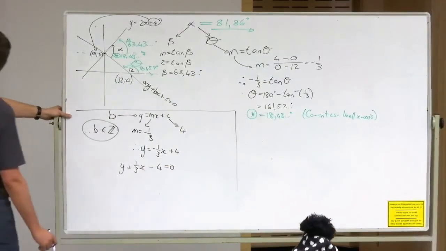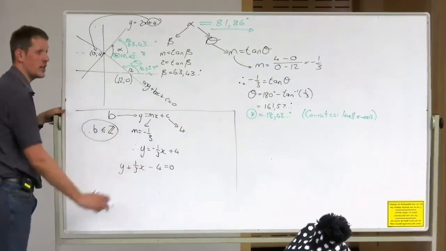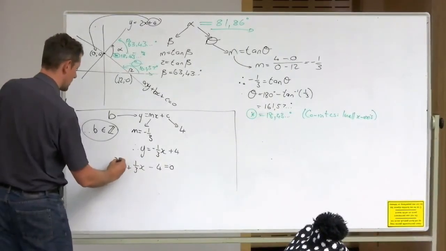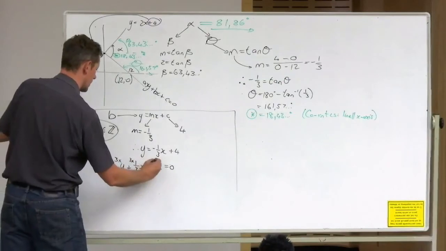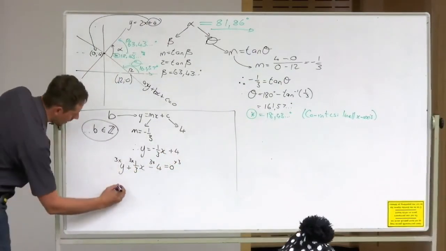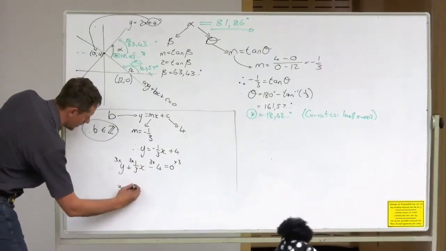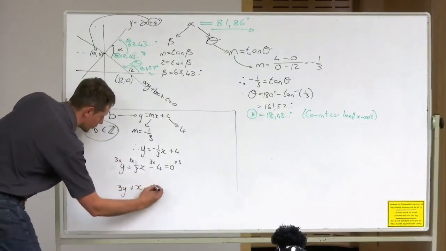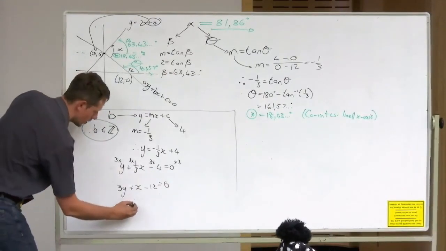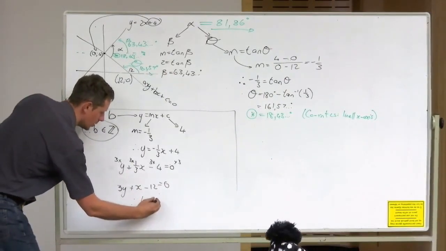But the problem is now my b is not an integer. So what am I simply going to do? Times by 3, times by the LCD straight through, leaving me with 3y plus x minus 12 equals 0. B is equal to 1.